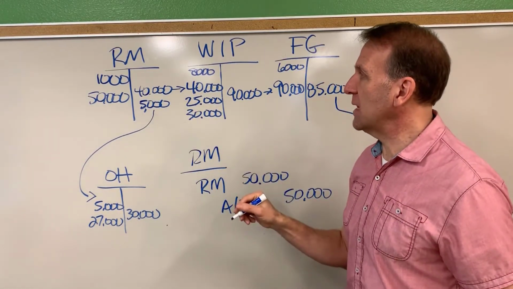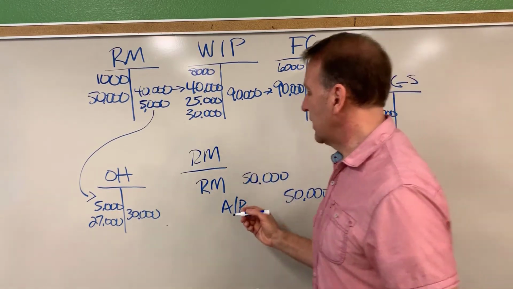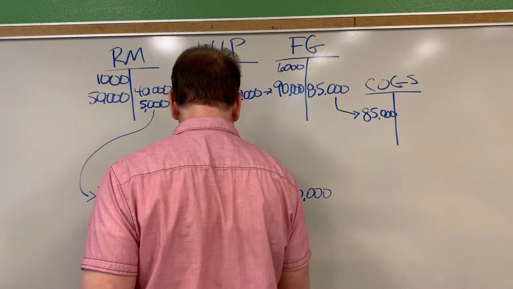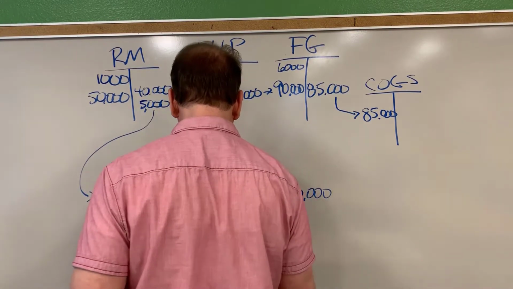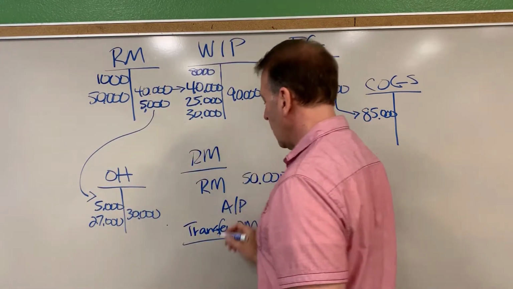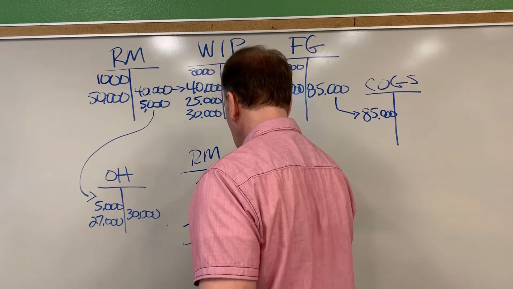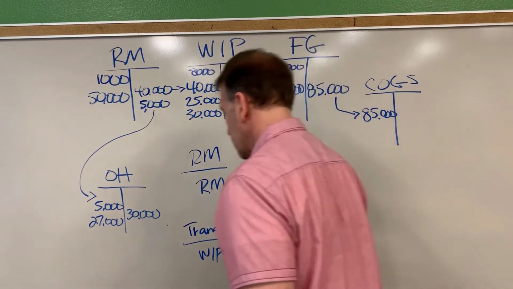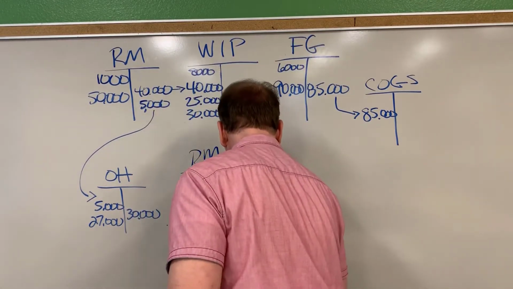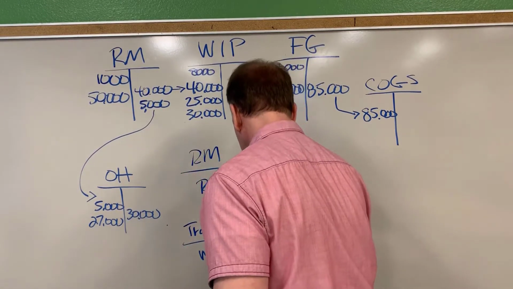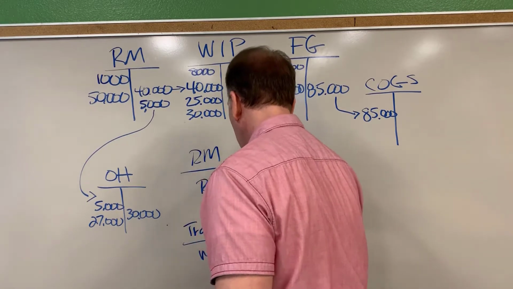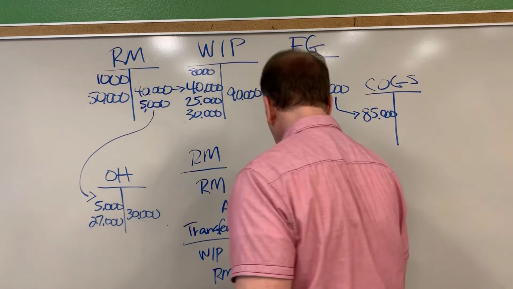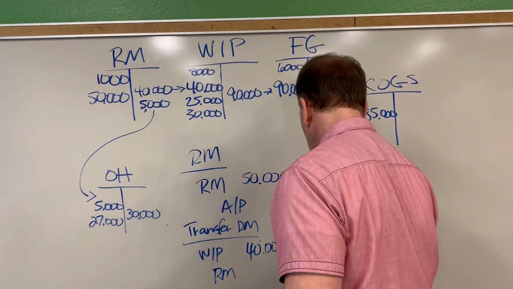First, the transfer of the direct materials would be to debit work in process, $40,000, because that's where they're going. And then our credit would be to raw materials because it's coming out of that inventory account.